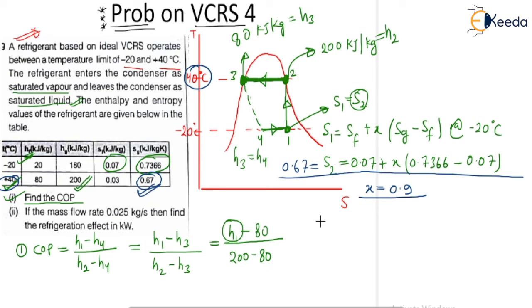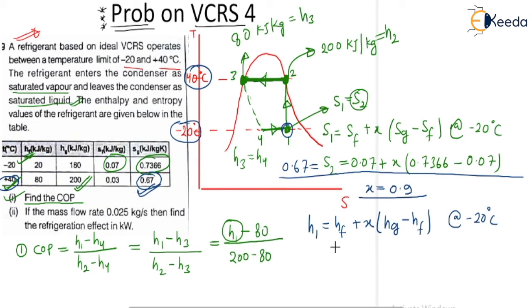Now let's apply the value of H1 for this question. H1 is just equal to HF plus X in bracket Hg minus HF, at minus 20 degree temperature.